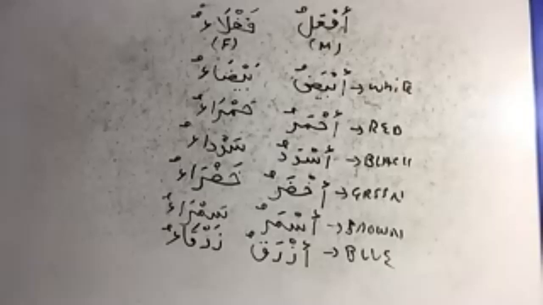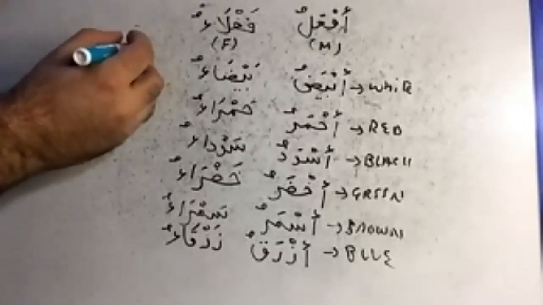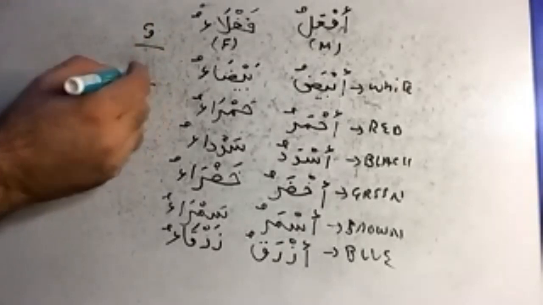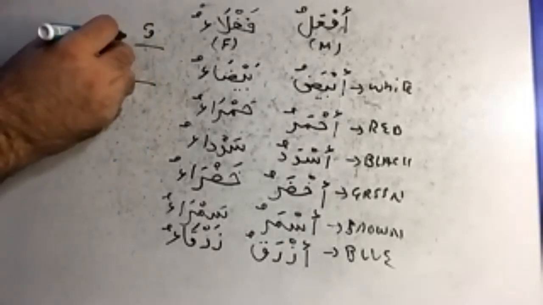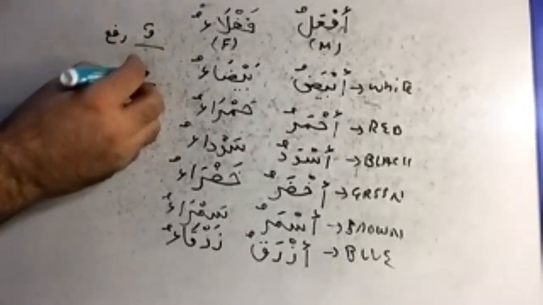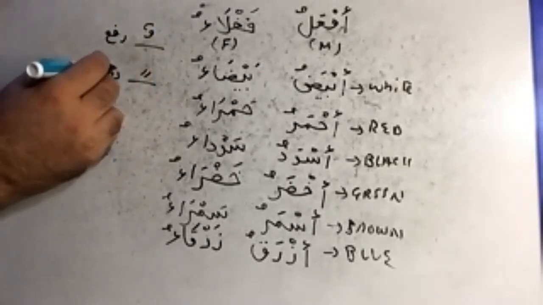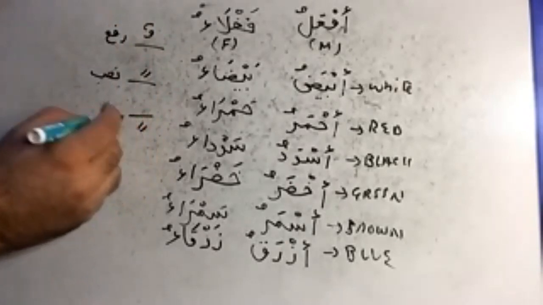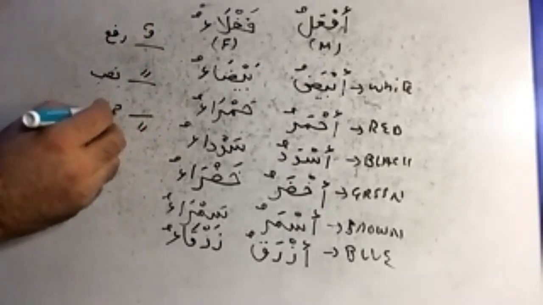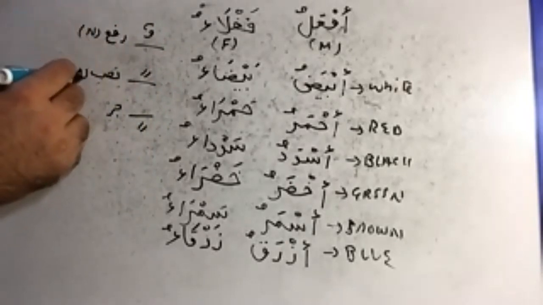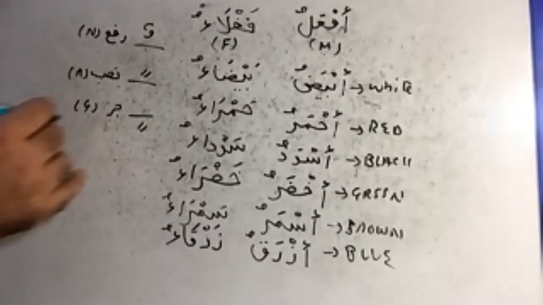Just like any word has three forms, right? Three cases. This will be raf', this will be nasb, this will be jarr. So this will be nominative, this will be accusative, and this will be genitive.